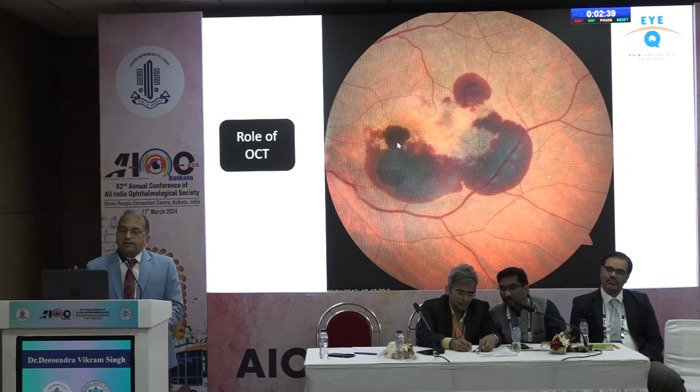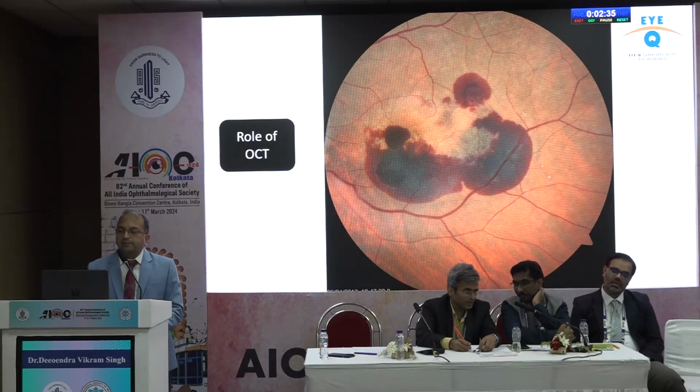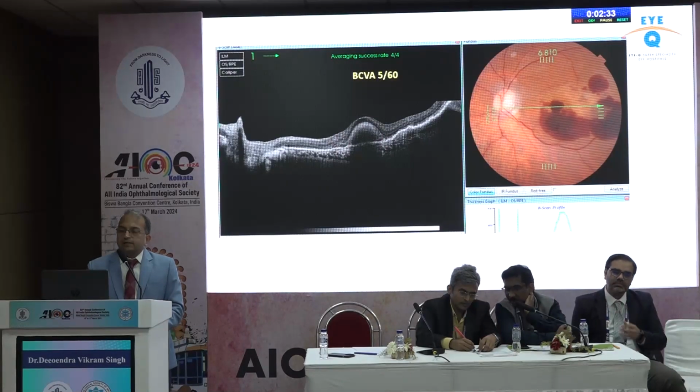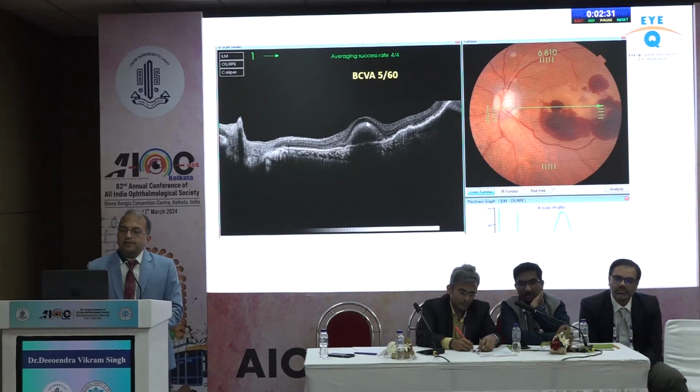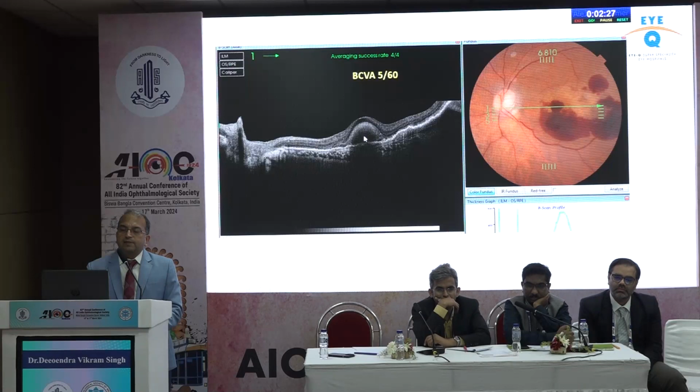And this is a one-eyed gentleman who has lost the other eye to advanced AMD. But when we do the scan, you can see a very tall accumulation, a significant height of subfoveal heme. And that was correlating with his visual acuity, 5/60.